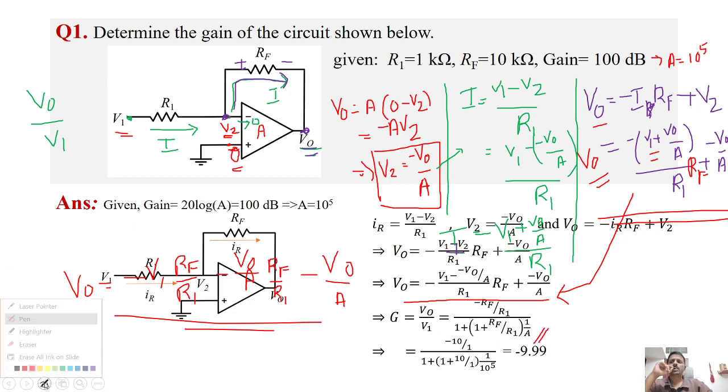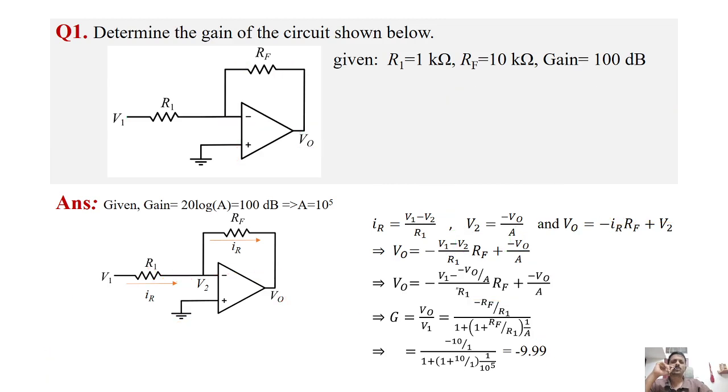So let me erase all these terms I have written. By solving in the method that we have followed, we got the gain G as V0 by V1 equal to minus Rf by R1 by 1 plus Rf by R1 by 1 by A. If A is equal to infinity, this term will be 0, and it will be minus Rf by R1.